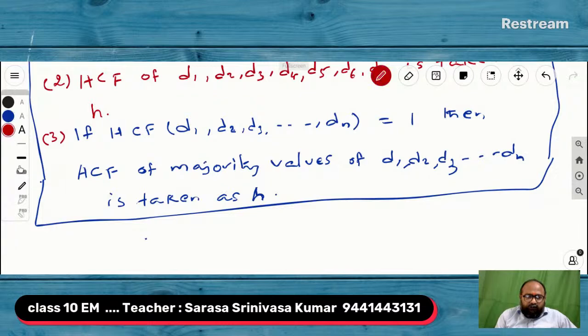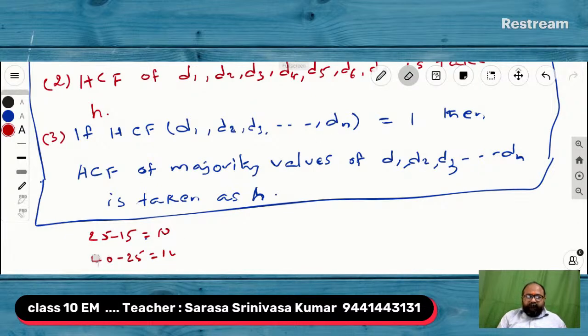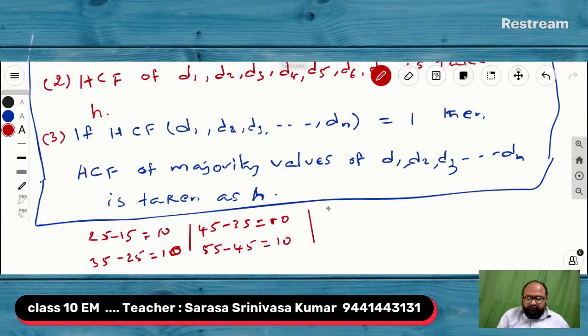Now h equals, let us see, 25 minus 15, this is 10, and 45 minus 35 equals 10. 55 minus 45 equals 10. 65 minus 55 equals 10. So 75 minus 65 equals 10.